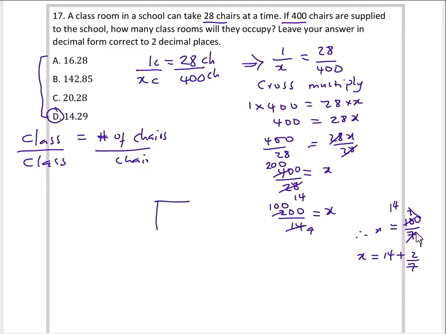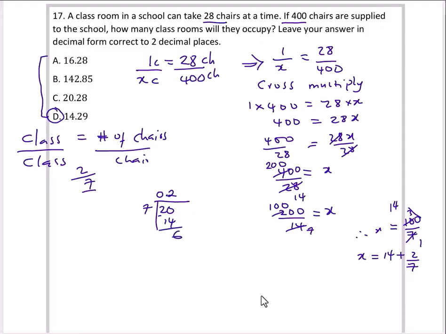So let's do that. We'll have 2 over 7. The 2 comes inside, then 7 stays aside. 7 cannot divide 2, so we'll have 0. Then add 0 here. How many 7 are inside 20? We have 2. So 2 times 7 is 14. Then subtract: 10 minus 4 is 6.